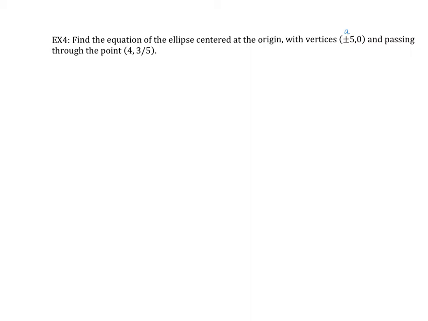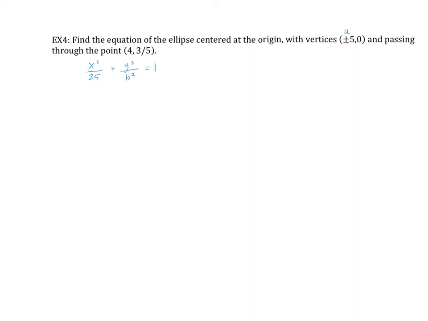Well, since I know my a value is an x value, I know that my equation is going to be x squared over a squared, which would be 25, plus y squared over b squared, and I don't know what b is yet, equal to 1. So I have an equation. I just have to solve it for the b value.